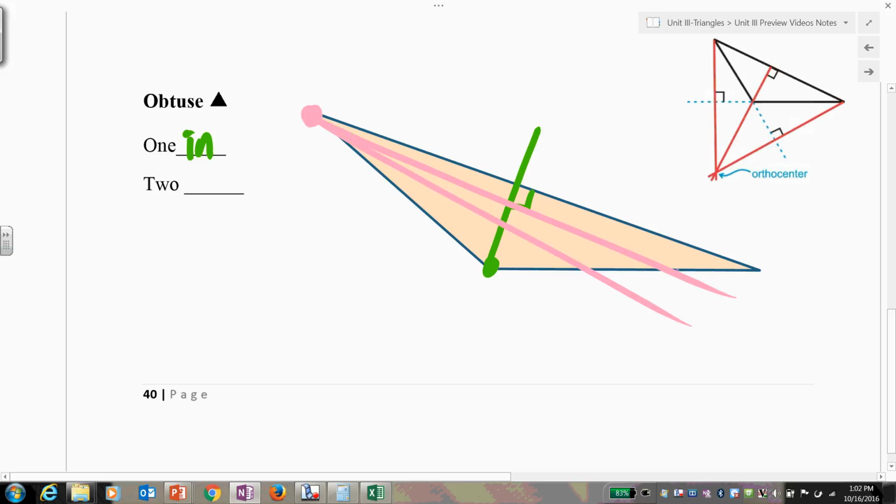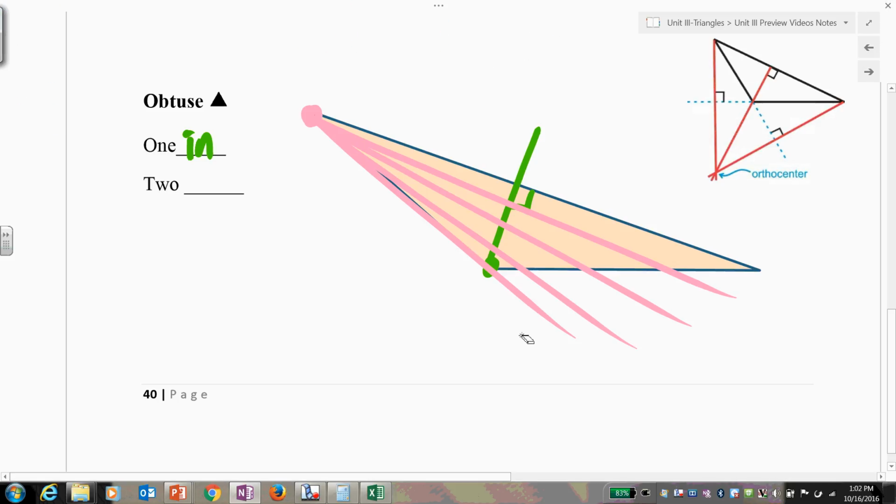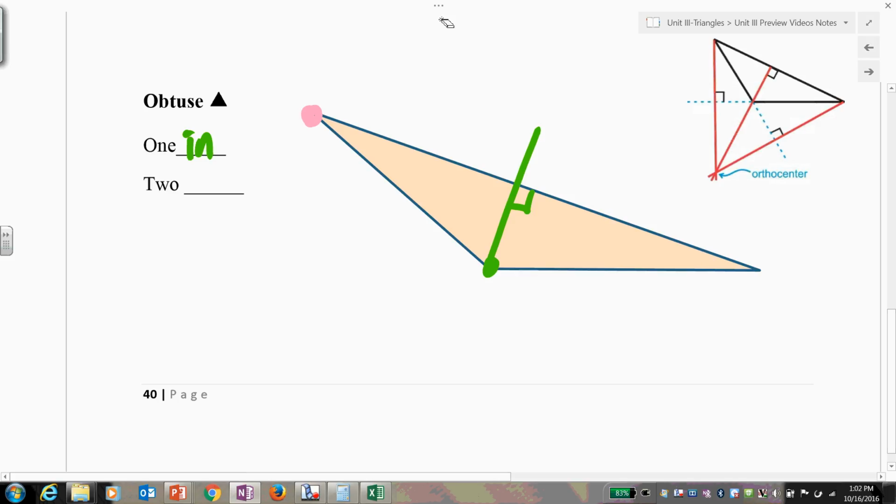I'm just going to draw a bunch of examples. Do you see it's impossible to get a right angle and be either inside or on the triangle? It's impossible in that obtuse corner.